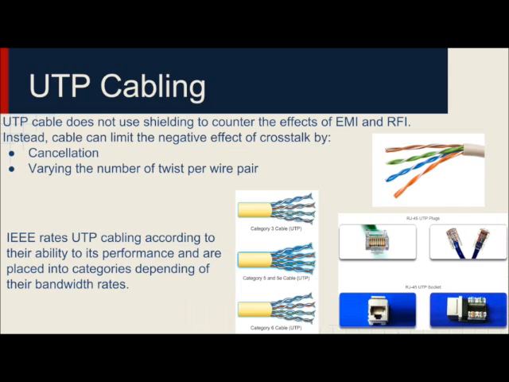IEEE rates UTP cabling according to its performance, and cables are placed into categories depending on their bandwidth rate. Cable Category 3, used for voice communication. Cable Category 5, used for data transmission. Cat5 supports 100 megabits per second.